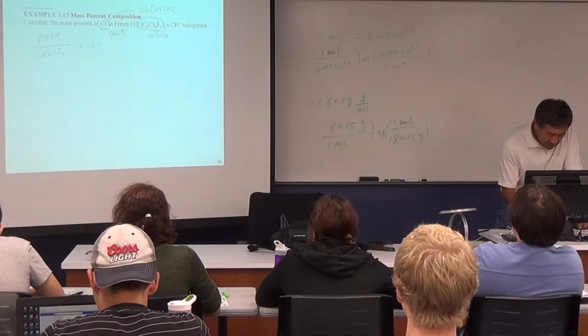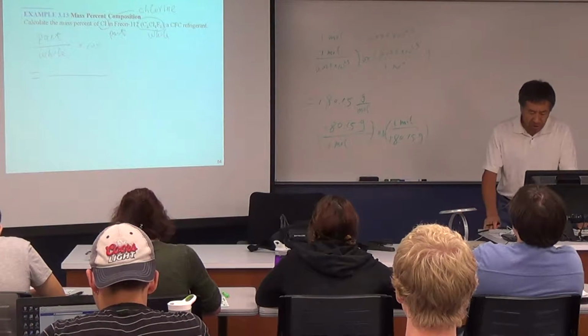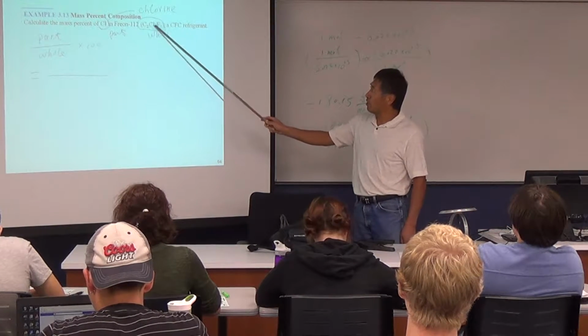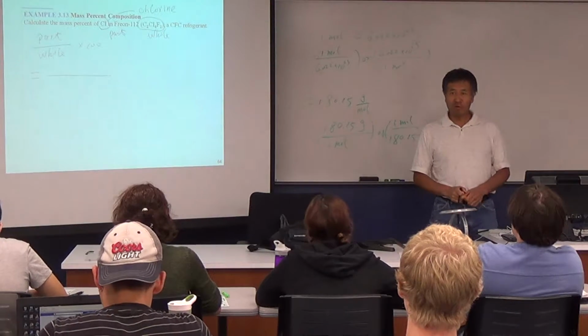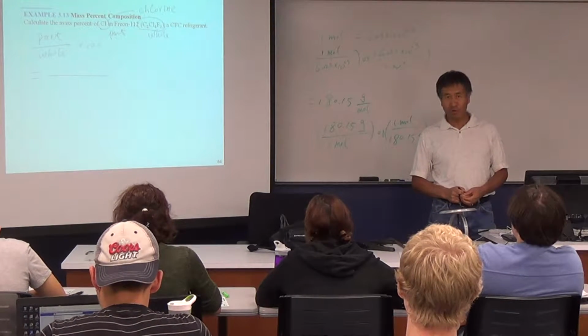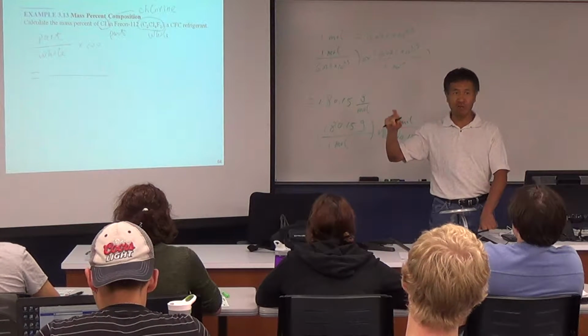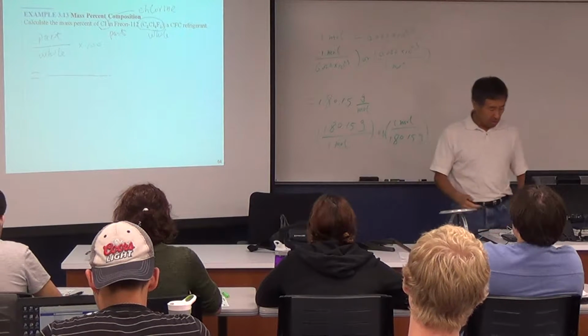Right. So let's see. First calculate this all together as a whole, which means you can use what we did before. You can use AMU or use grams, but just use the same when you do the calculation. If on the top you use AMU, at the bottom you use AMU, right?